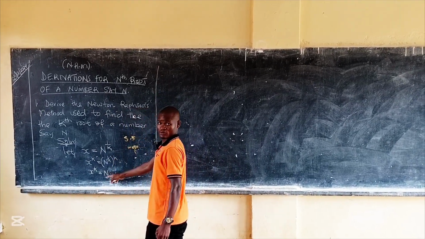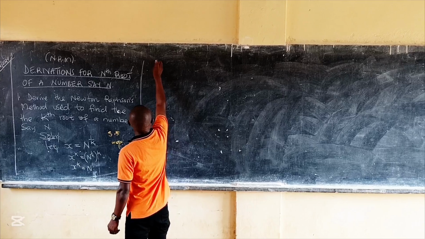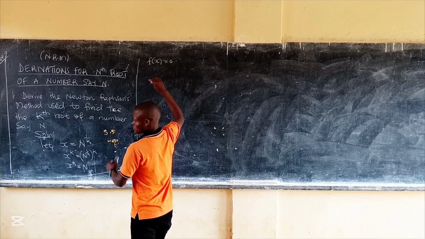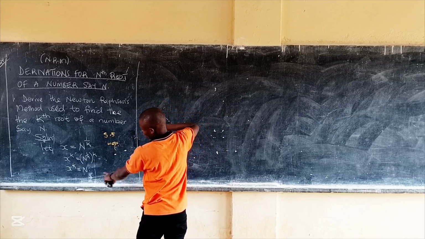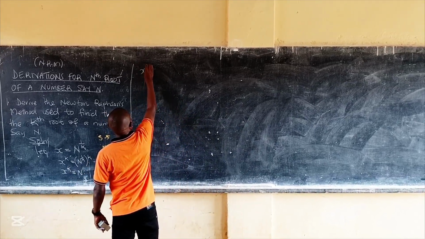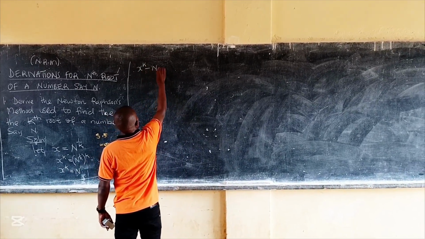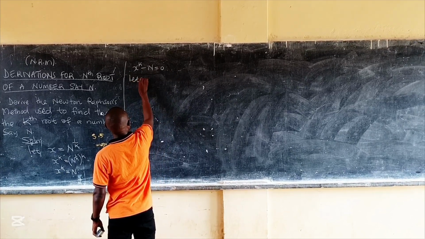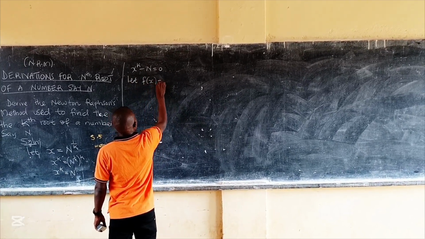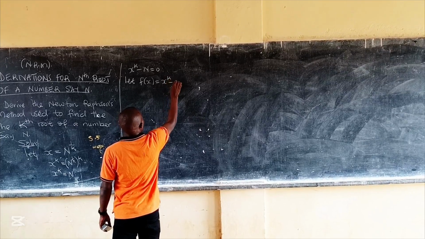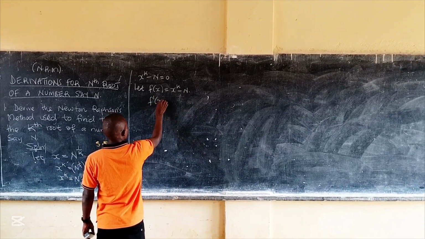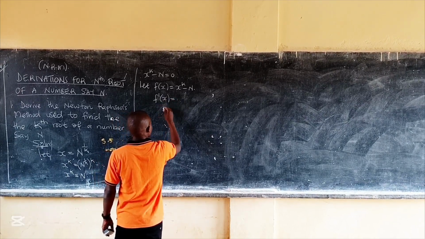Now from here, we are going to form the function, and on the right hand side we are going to have a 0. So meaning we are going to transfer this n and have x to power k minus n is equal to 0. Then when we have this, we can now say let f of x be equals to x to power k minus n, and this is followed by the derivative of this function with respect to x.